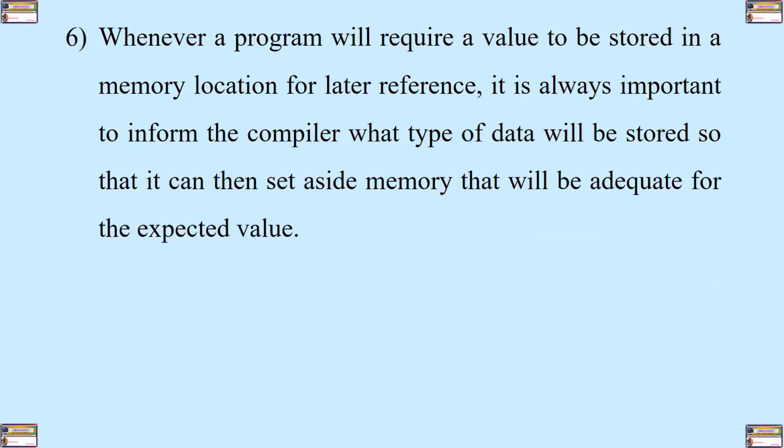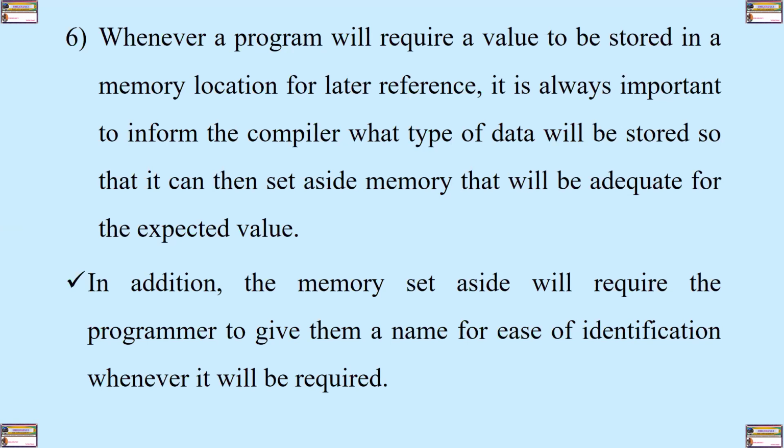Number 6, whenever a program will require a value to be stored in a memory location for later reference, it is always important to inform the compiler what type of data will be stored so that it can then set aside memory that will be adequate for the expected value.